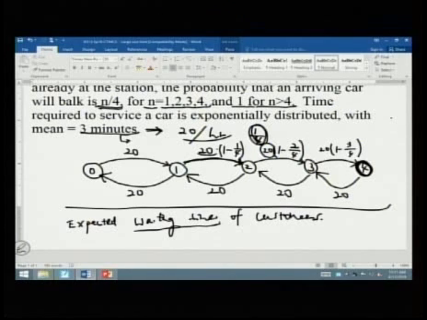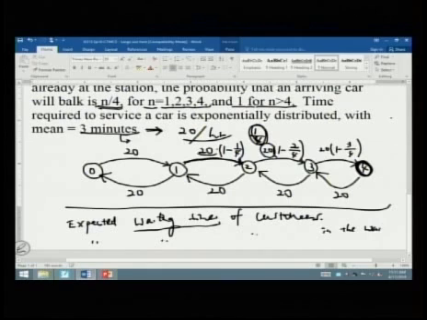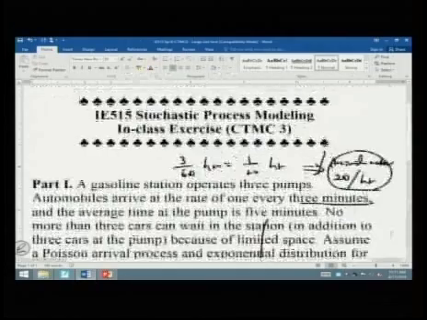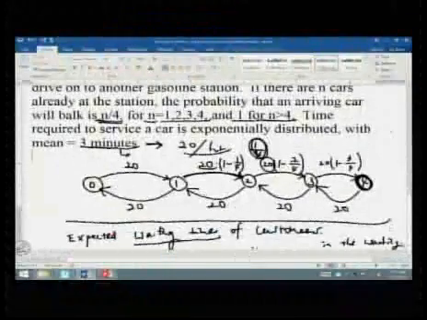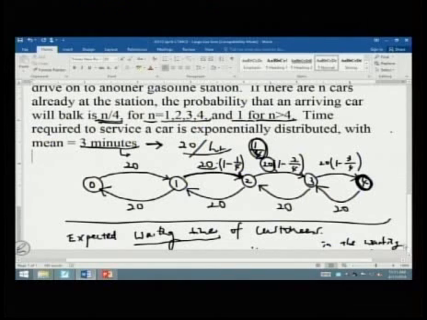Of course, you can differentiate the expected waiting time of the customers in the waiting line. Also, what else?